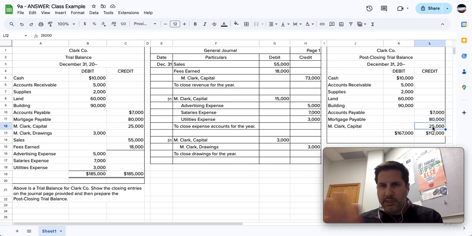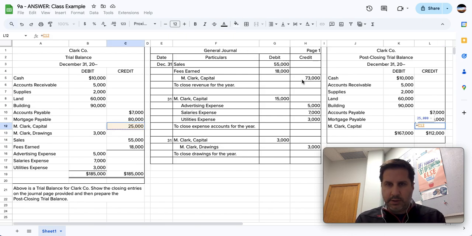Well, here's why they don't balance out. It's because we need to now take what we took from the journal and give it to the owner. So I'm going to go equals the original $25,000. The owner's getting another 73 here, so I'm going to say plus the revenue that was earned minus the capital that was taken away for expenses minus the drawings.